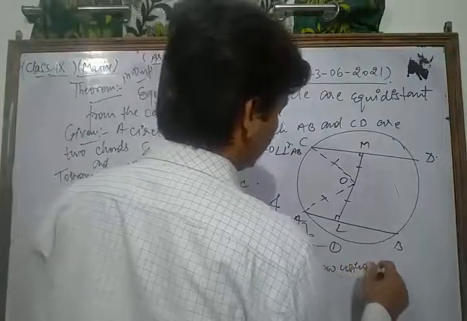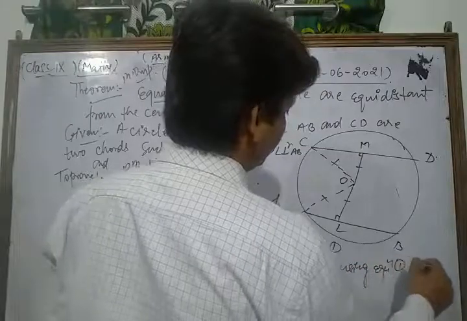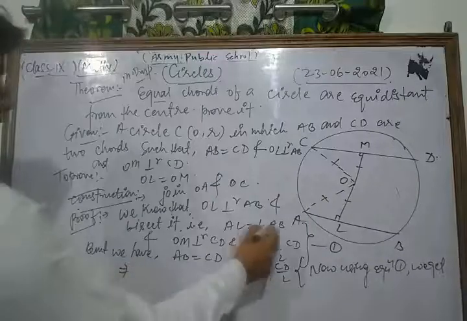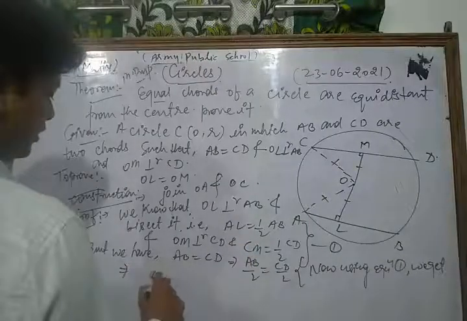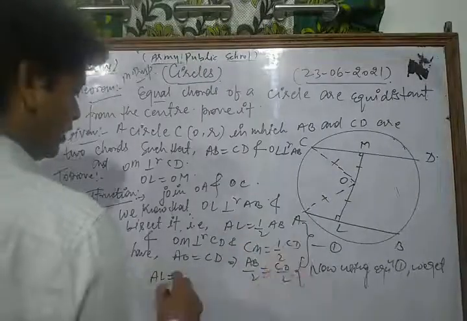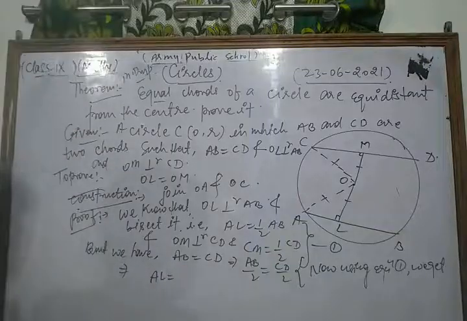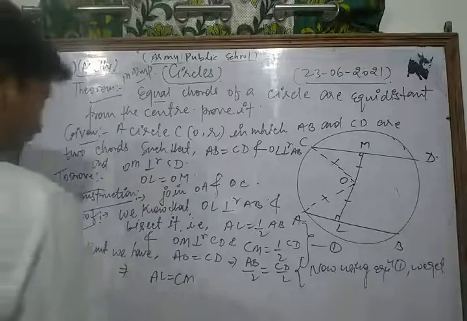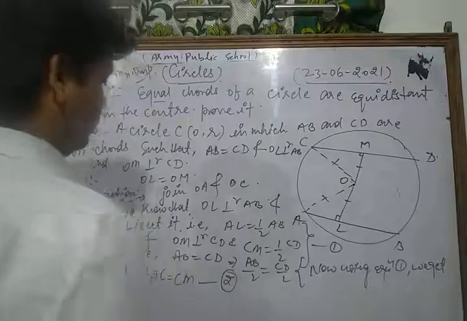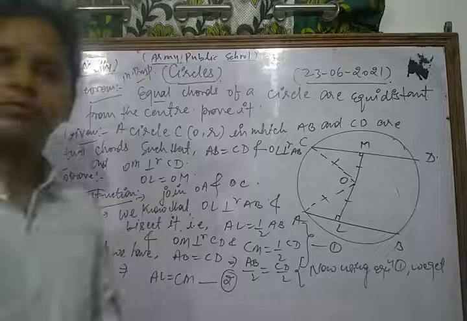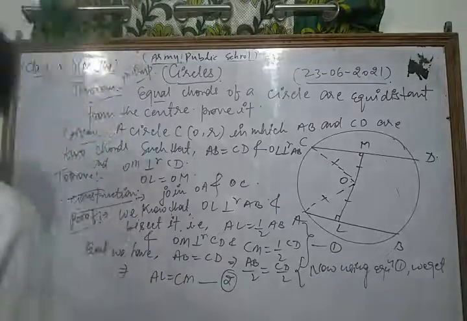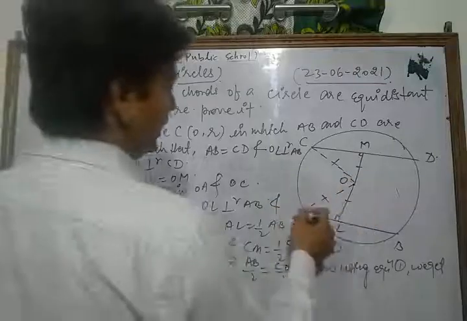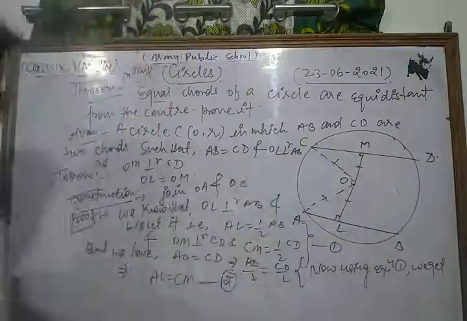Using equation 1, half of AB is AL and half of CD is CM, so AL is equal to CM. We take this as equation number 2. Now we take triangles OLA and OMC.